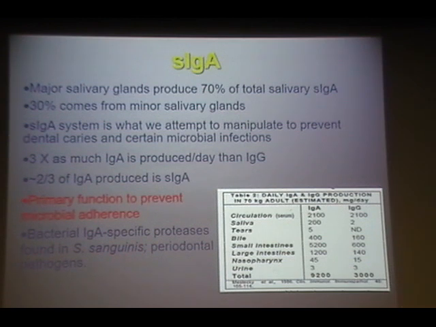But this is a bug we want to be binding to the teeth. So this is an interesting evolutionary development of how a good bug overcomes the mechanism of protection that we have against bad bugs. Needless to say, there are certain periodontal pathogens like PG, Porphyromonas gingivalis, that can do that as well.